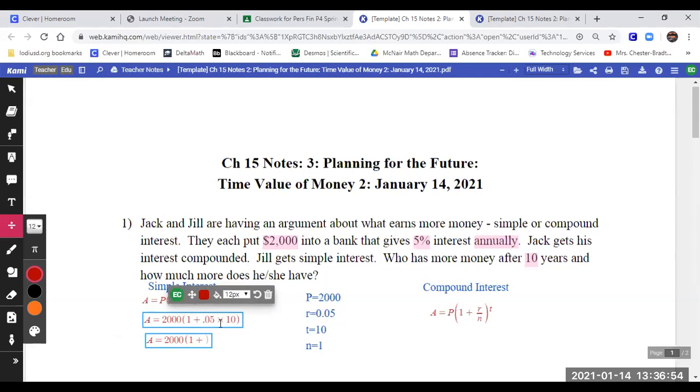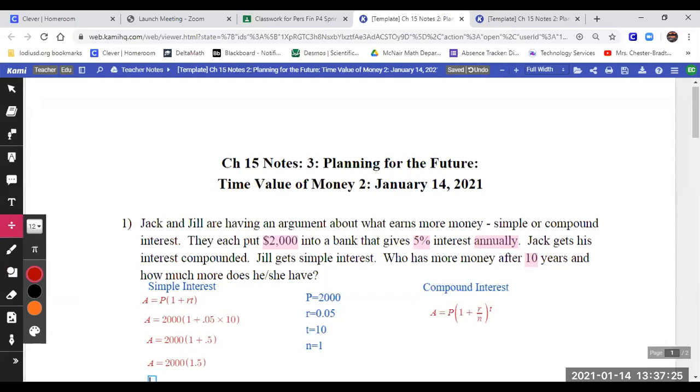Is that 50 cents? Is that what you're trying to say, Ethan? Okay, sorry, having to read the screen. We get to go on to our next box. My accumulated equals, not plus, equals 2,000 times 1.5.